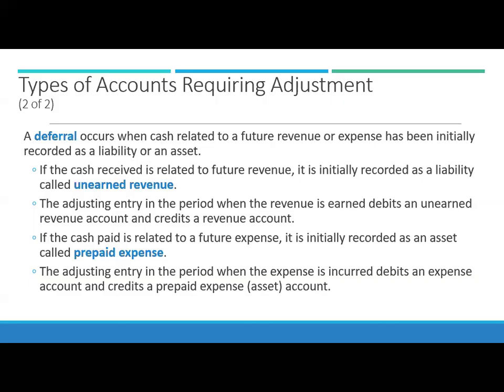There's also, if cash paid is for a future expense, it's initially recorded as an asset called prepaid expense. For example, prepaying for a year of software. That's a really common one that businesses do. For example, Anoka Ramsey prepaying for a year of Microsoft 365 and paying Microsoft to host email accounts for 20,000 different students, right?